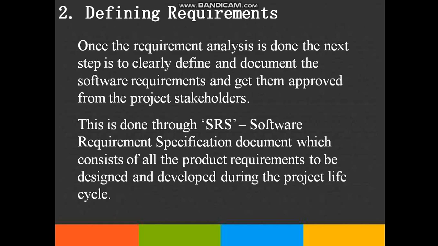SRS stands for Software Requirement Specification document, which consists of all the product requirements to be designed and developed during the project life cycle. So first you have to find the requirements, then you have to define them, write them down on paper, and get these requirements approved by the stakeholders or company.